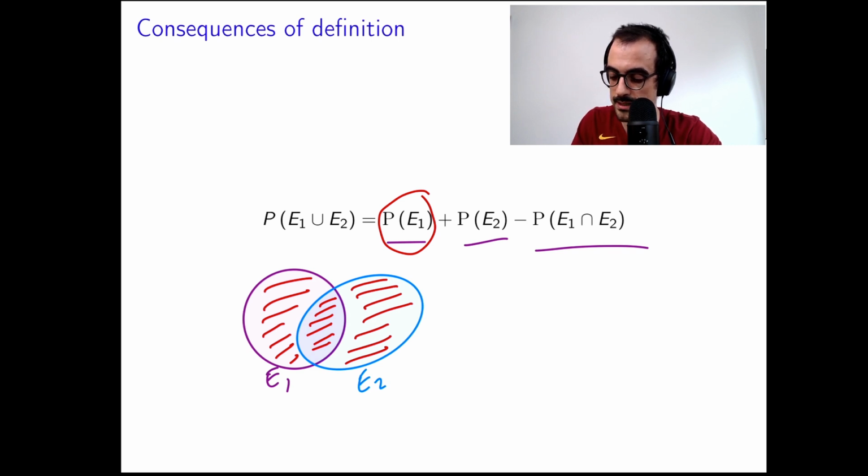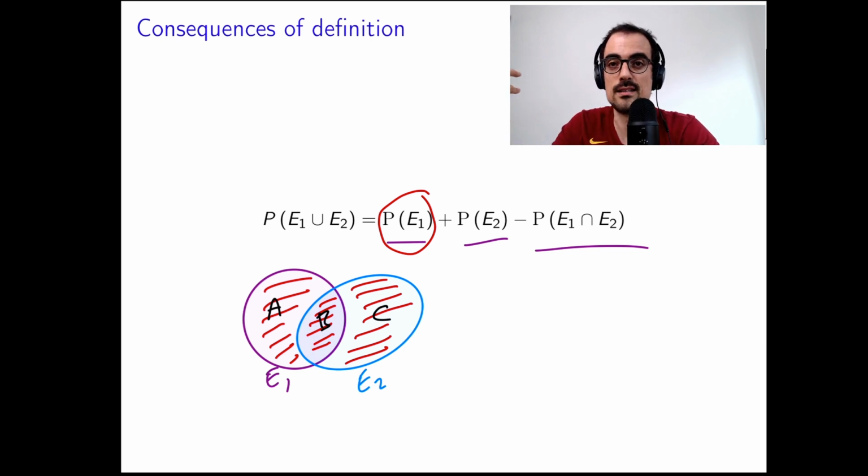So A are all the outcomes that are in E1 and not in E2. C are all the outcomes that are in E2 and not in E1. And B are the outcomes that are both in E1 and E2.